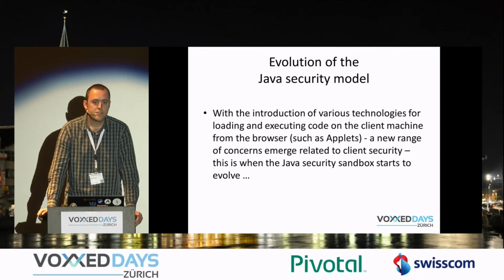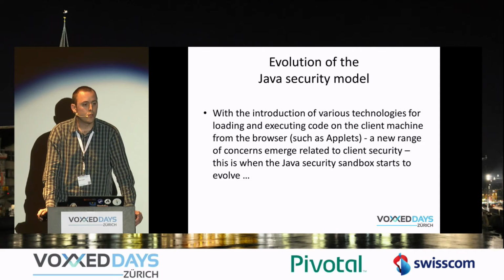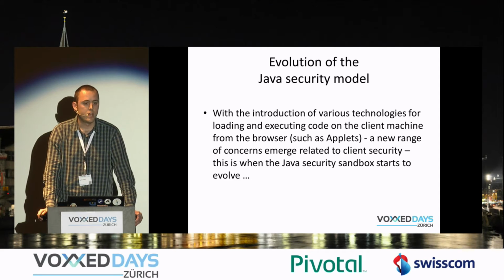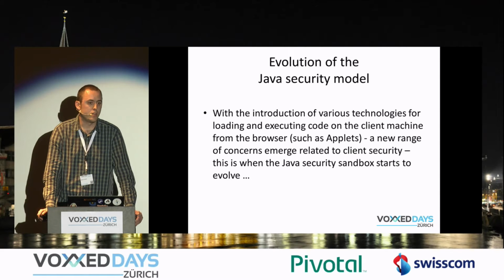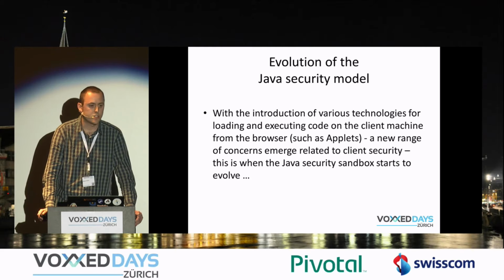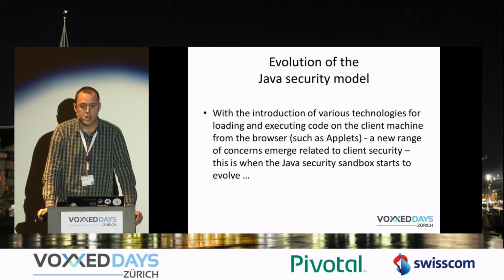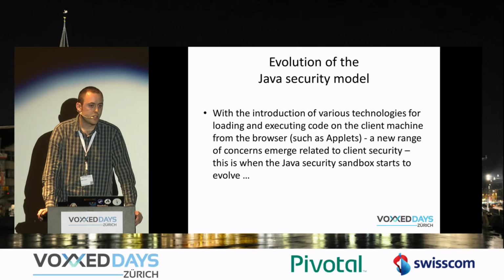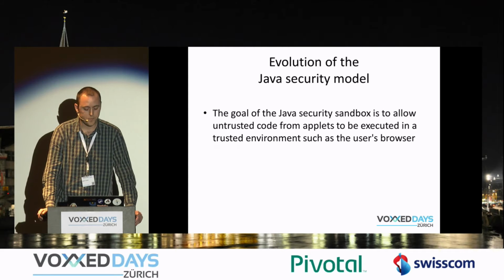However, with the introduction of various technologies that allow you to load source code in your browser, and by such technologies, I mean not only Java, but for example .NET, you have Silverlight, you have Flash, and so on and so forth, a brand new range of security vulnerabilities come up with the loading of remote code in your browser.